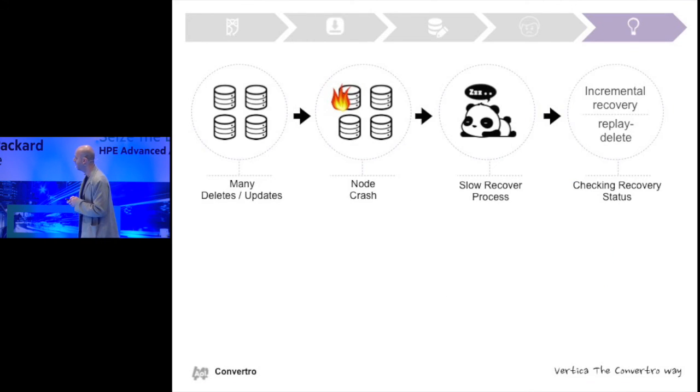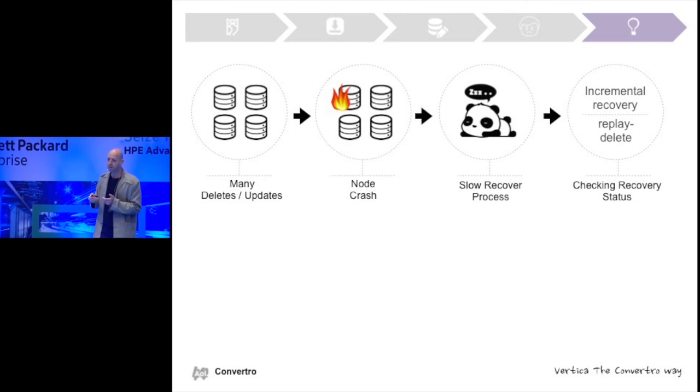The second tip is about recovery. You're doing a lot of deletes and updates, and before you are able to do a purge, a node crashes, some kind of network glitch or something. What do you do? You just restart this node and wait for the recovery to finish.